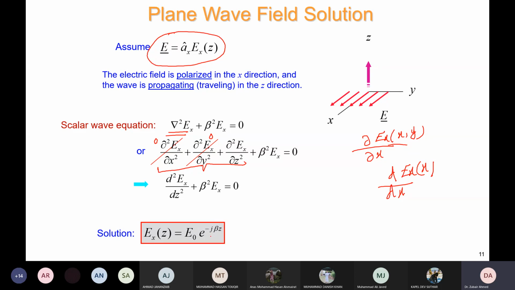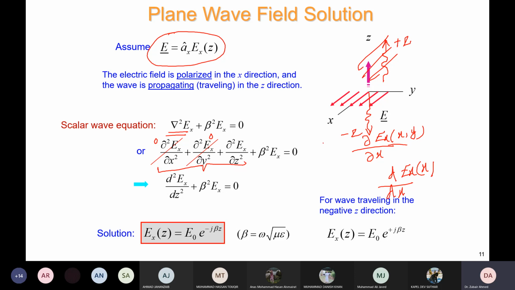This solution is only valid if the wave is traveling in the positive z direction, because our wave is traveling in the plus z direction. Again, note that we have minus j beta z for a wave traveling in the plus z direction. On the other hand, if our original assumption was a wave traveling in the minus z direction, then the solution will look like this.